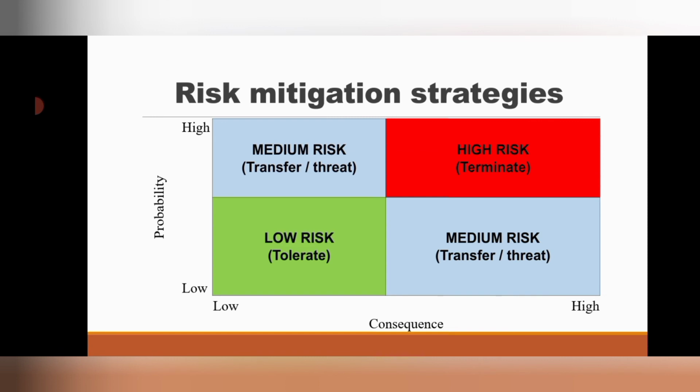The best is to transfer the risk, or you can also choose to treat the risk. But should you realize that the probability of the risk occurring and the consequence of the risk are both high, it is danger. So the necessary action to take is to terminate the project. This is the summary of what has been discussed so far regarding risk mitigating strategies.